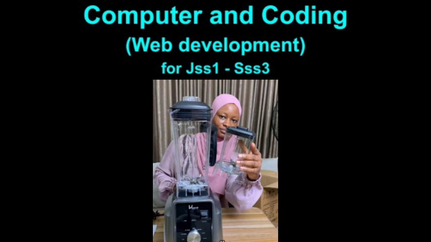And after the processing has gone on, the computer stores data. So in your machine, which is the blender, the blender has a glass container. If that glass container is not there and you put the pepper on that blade, what would happen? The blade will spin and the pepper will just fling away.